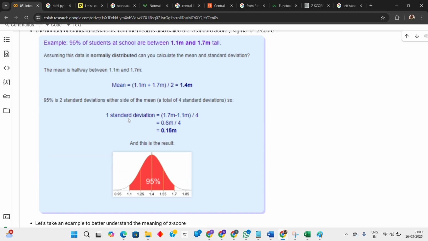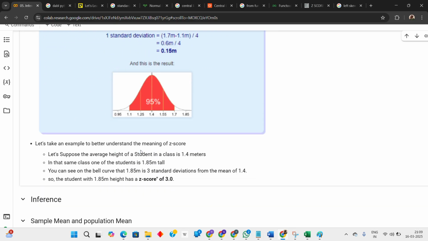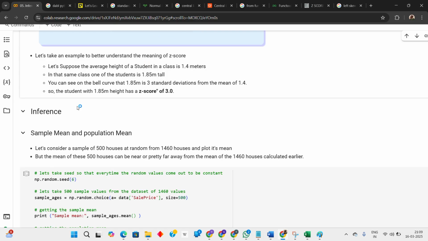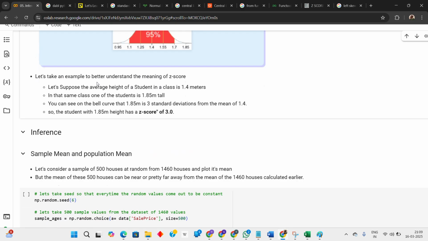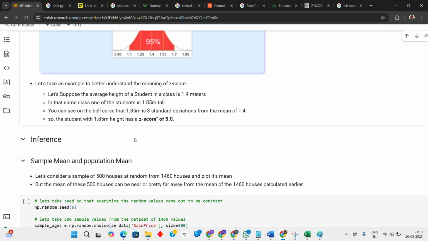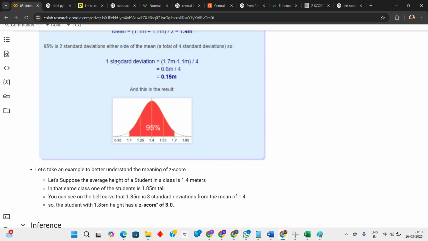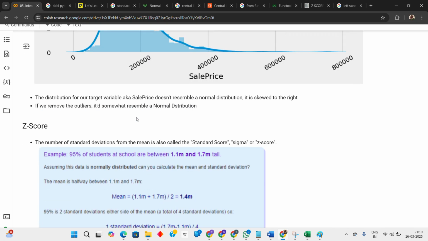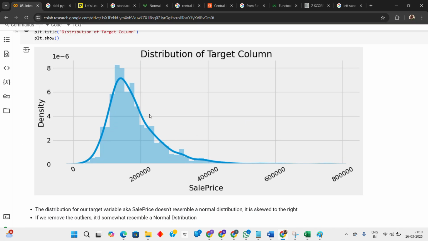And log normal distribution I already explained, it is used to remove skewness. Sometimes we require it, sometimes we keep the data as it is. It is not mandatory to apply log normal to skewed data every time, because sometimes the stakeholders may not accept changes on top of their data sets.